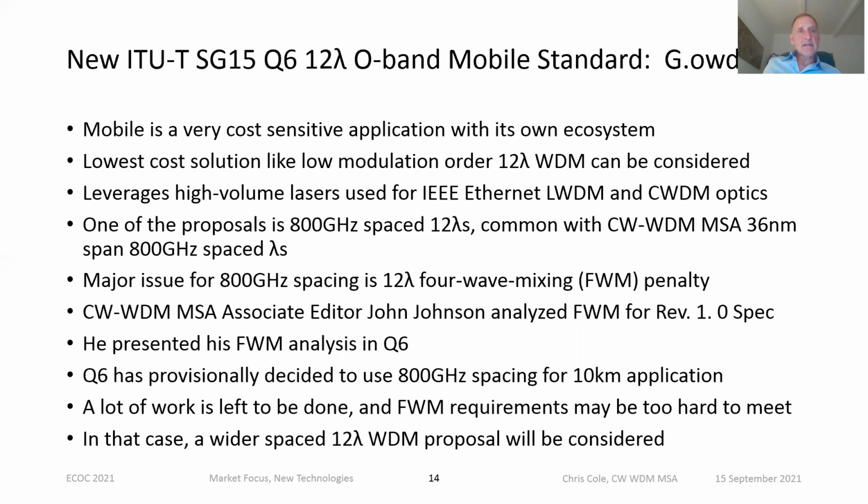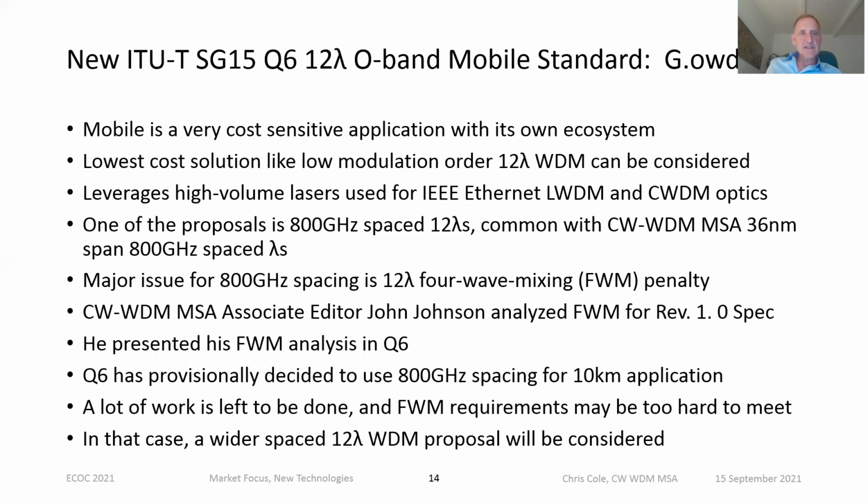The CW-WDM MSA had studied this and considered it, and Associate Editor John Johnson presented extensive analysis of 4-wave mixing penalty in support of the Rev 1.0 spec. He presented more extensive analysis of 4-wave mixing more recently in Q6 in support of the CW-WDM standardization effort.